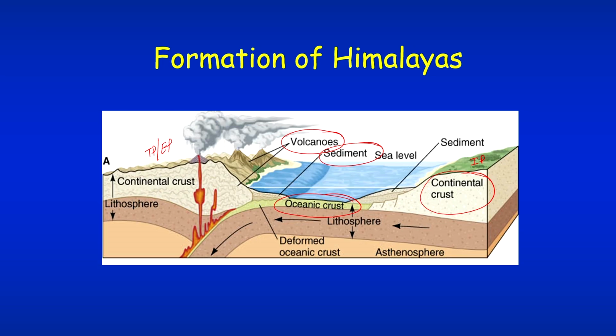So nobody was there at that time, but this is the reconstruction which has been done based on the evidence of the volcanic rocks and the oceanic sediments. So we had the oceanic plate in front of the Indian plate, and that resulted in subduction.